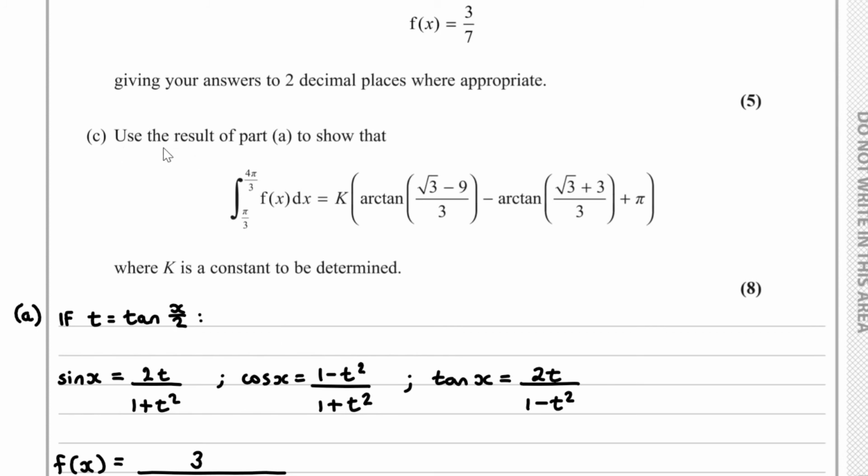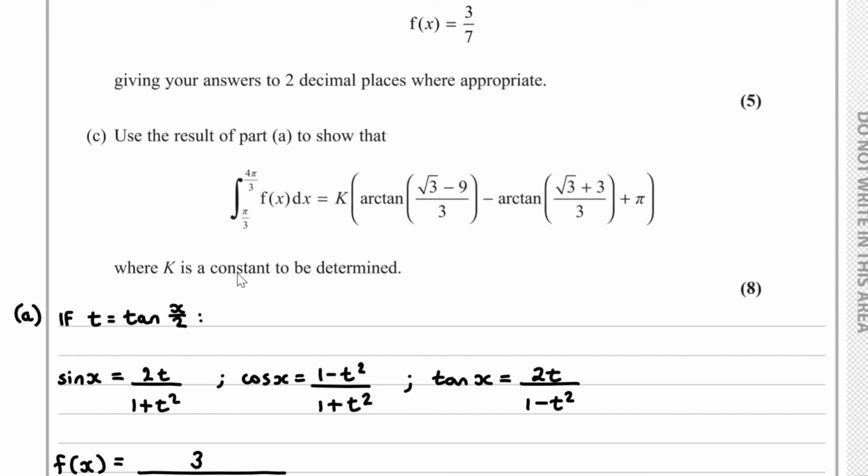For part C, we have to use the result of part A to show that the integral of f of x with respect to x in between pi over 3 and 4 pi over 3 is equal to k lots of the arctangent of root 3 minus 9 over 3 minus the arctangent of root 3 plus 3 over 3 plus pi.